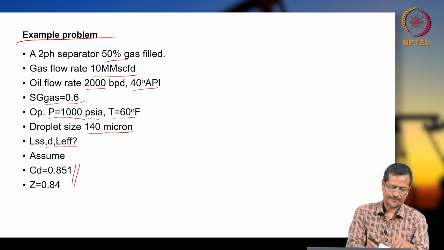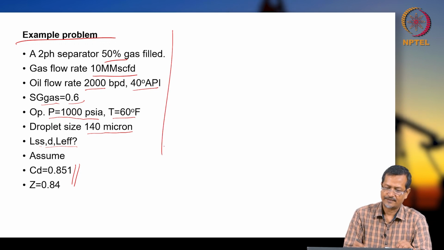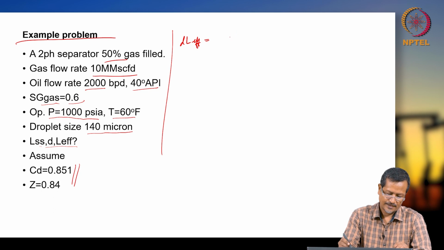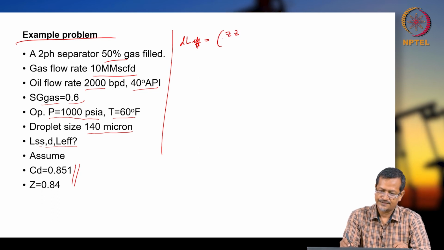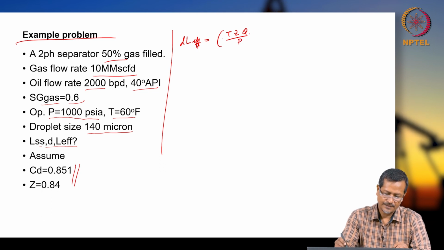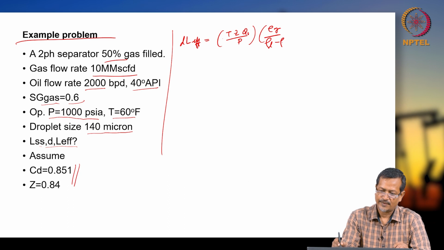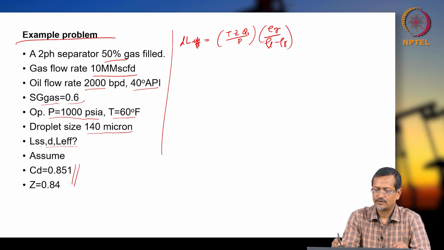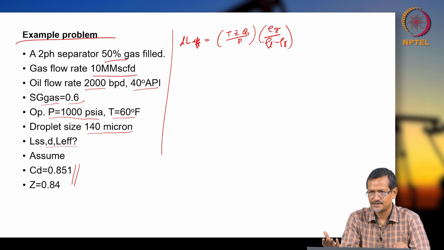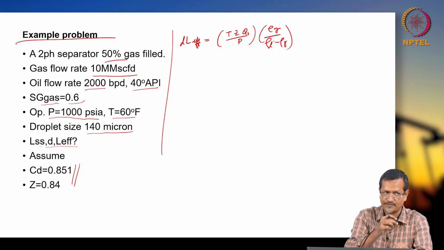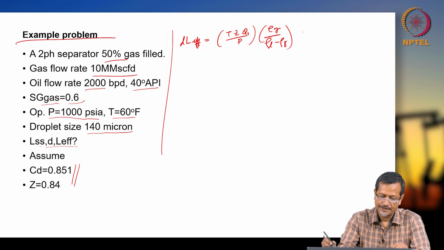First you have to calculate D LEFF, the effective length. The formula is TZQ by P, times rho G over rho L minus rho G. Here also you should not make a mistake, because rho L has higher density, so it is rho L minus rho G, otherwise it will create a negative sign.